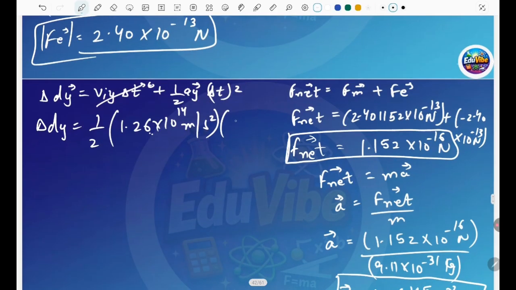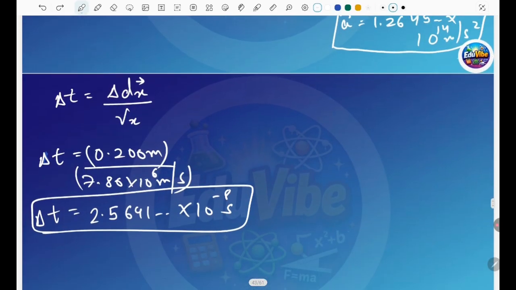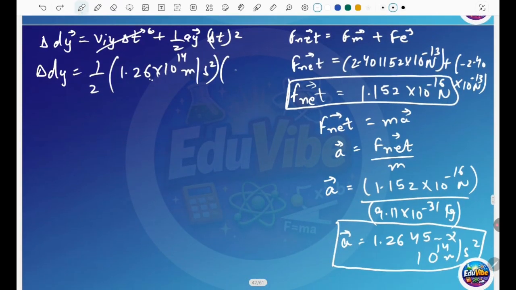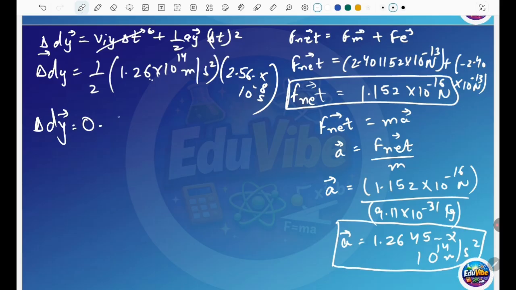Now this has to be put in this equation. So 2.564 repeating into 10 raised to power minus 8 seconds, and when you solve this whole thing, you get about 0.0145695 repeating meters.